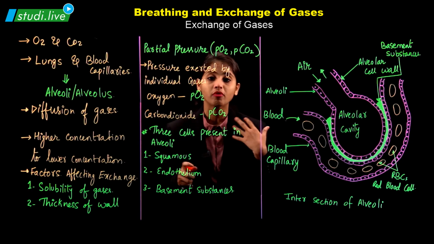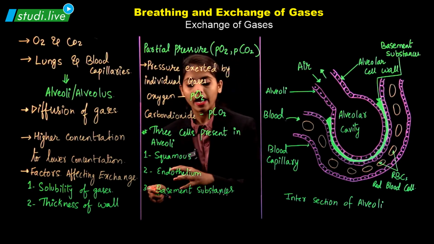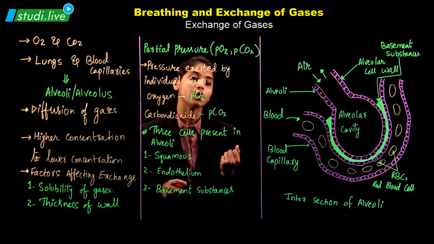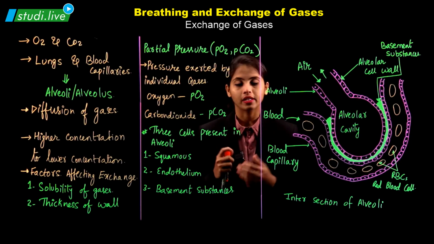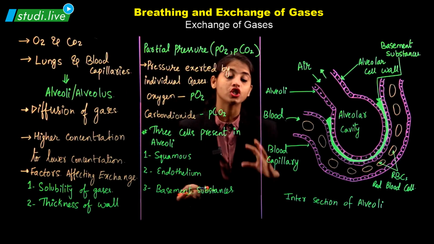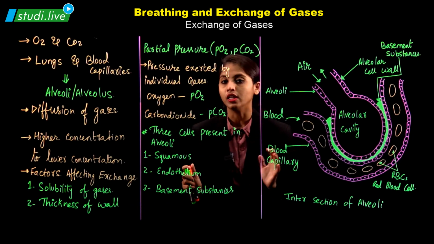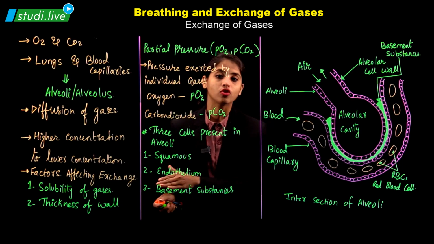It is not made up of just one single cell. Rather, it is made up of the squamous epithelium cells, endothelium cells, and the basement substance which is present between the alveolar cavity and the blood capillary. So, student, with the combination of all these together, the exchange of gases takes place in the lungs, and yes, we are able to survive with a continuous exchange of gases.